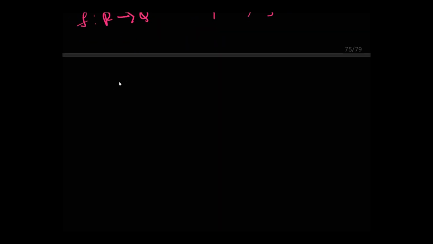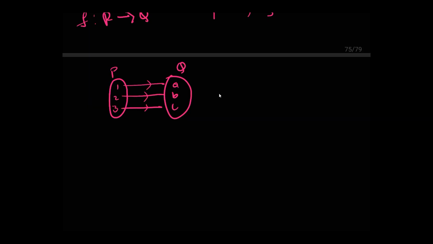For example, by mapping, if we take this as P, this as Q, assume 1, 2, 3 as elements of P and a, b, c as elements of Q. This will be a one-to-one function.